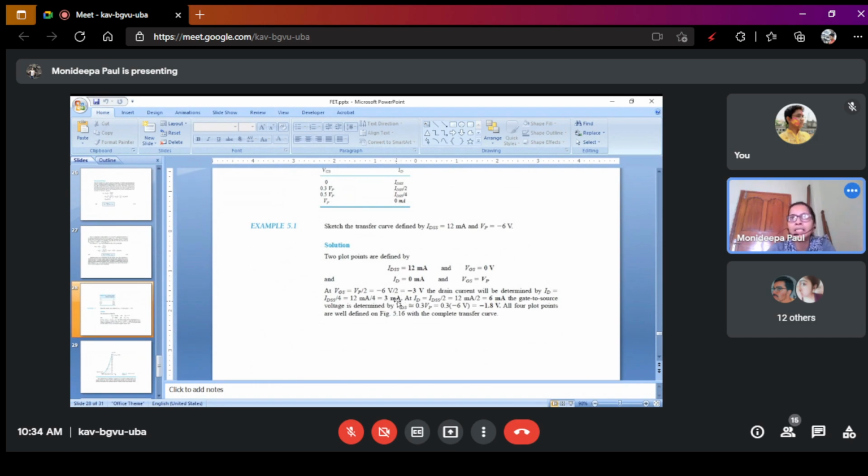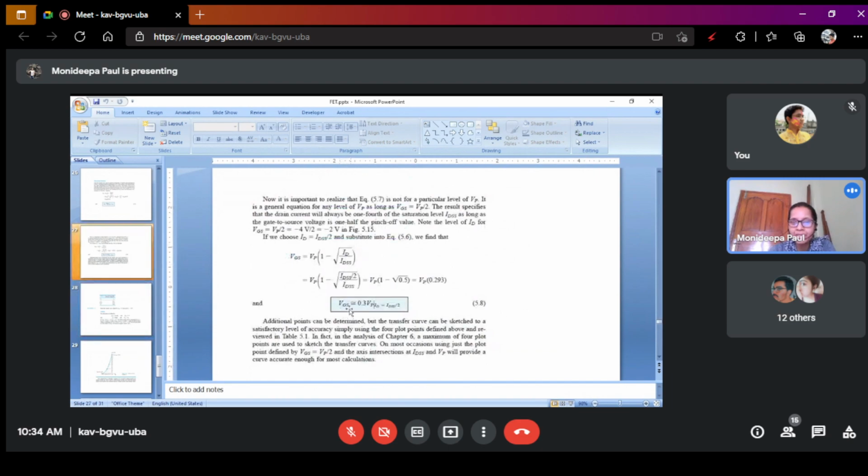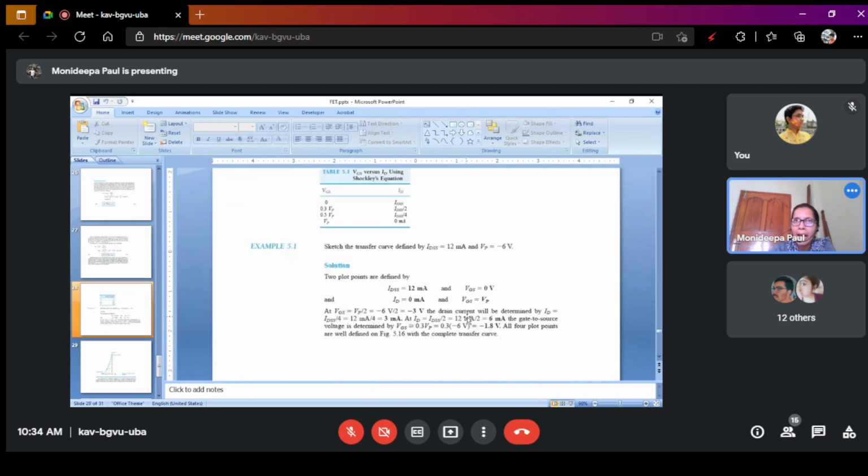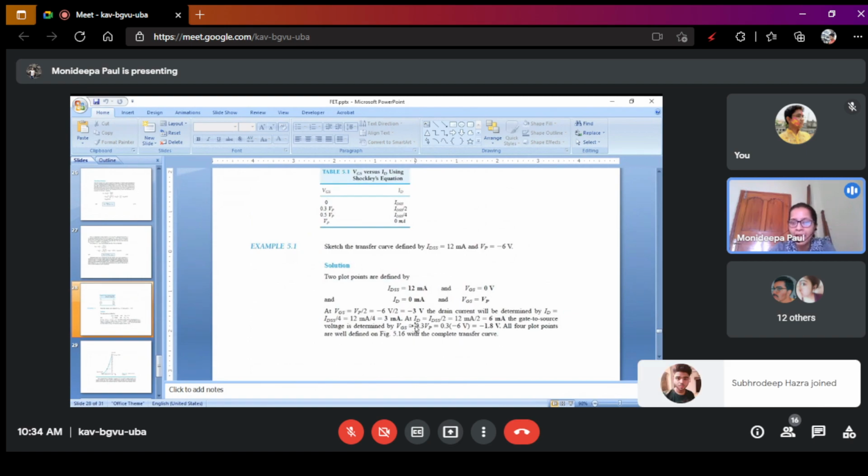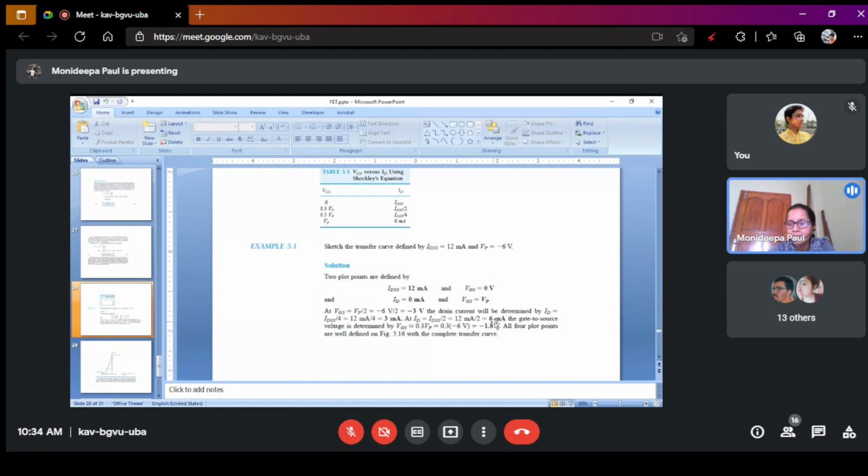Second assumption is that ID is equal to IDSS by 2. If we assume ID is equal to IDSS by 2, what is the relation for VGS? VGS is equal to 0.3 VP. Applying the second assumption, ID is equal to IDSS by 2, that is 6 milliampere.